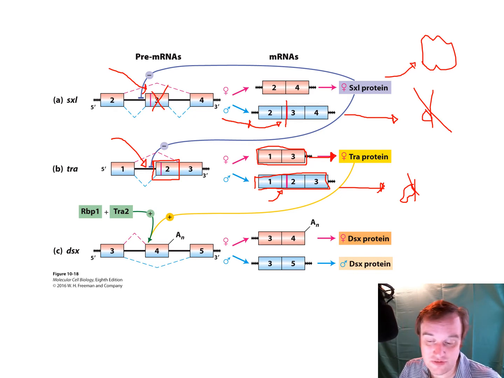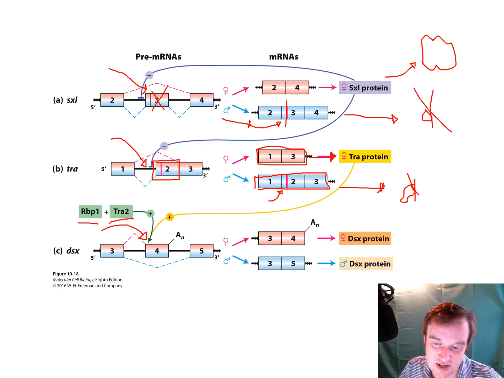Now, we finally go down to DSX, and DSX is a gene that leads to the expression of male and female proteins. So this has all been a cascade to get to DSX. In DSX, with the combination of RBP1 and TRA2, this female TRA protein that was expressed only in females is able to come in and bind and promote expression of the 4th exon of the DSX gene.